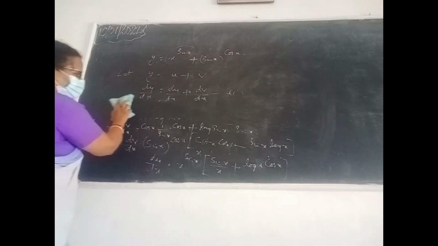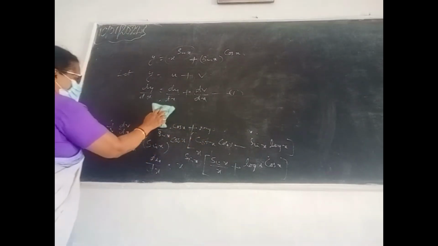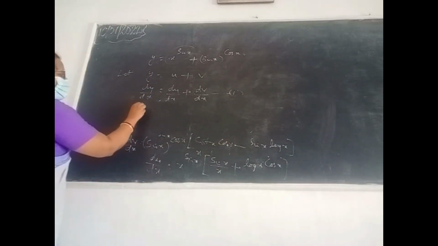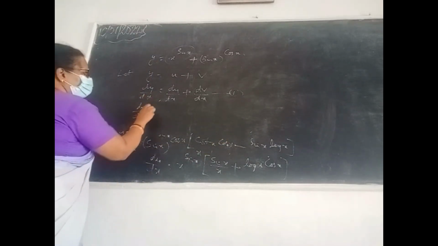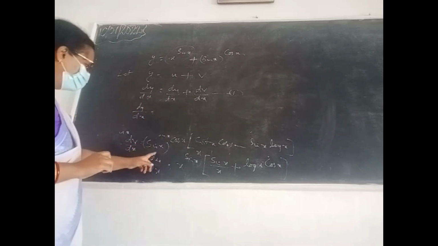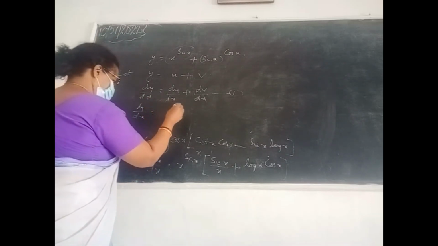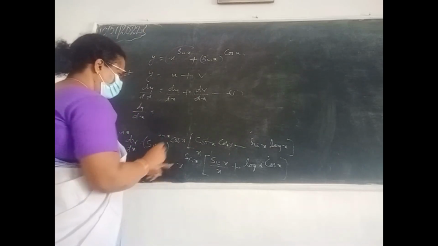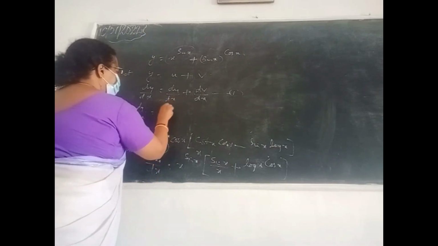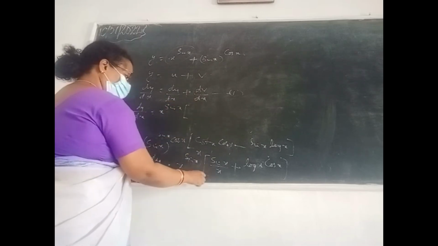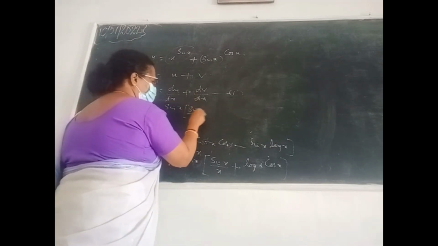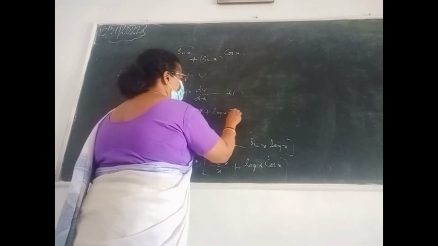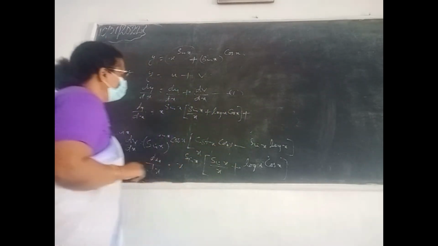So we are getting the answer dy by dx. Substitute. So what is dy by dx? Dy by dx equals du by dx. What is du by dx? This term: x raised to sin x into sin x by x plus log x cos x, plus now dv by dx.